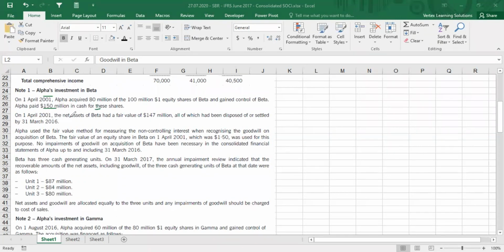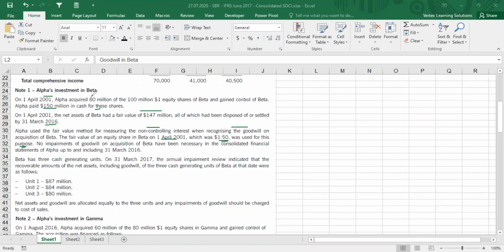On 1st April 2001, the net assets of beta had a fair value of 147 million, all of which had been disposed of or settled by 31st March 2017, like the previous year. Alpha used the fair value method for measuring the NCI when recognizing the goodwill on acquisition of beta. The fair value of an equity share of beta on 1st April 2001 was $1.5, which were used for this purpose.